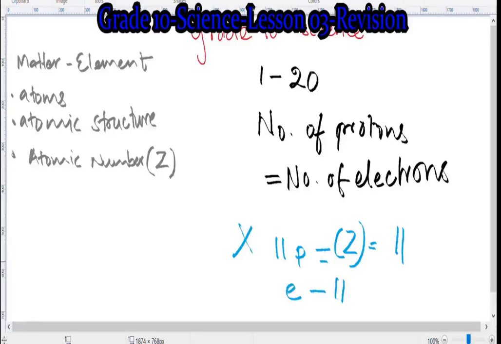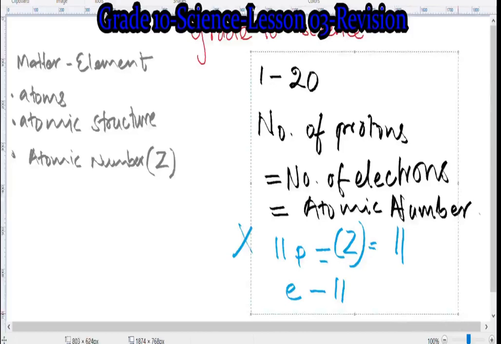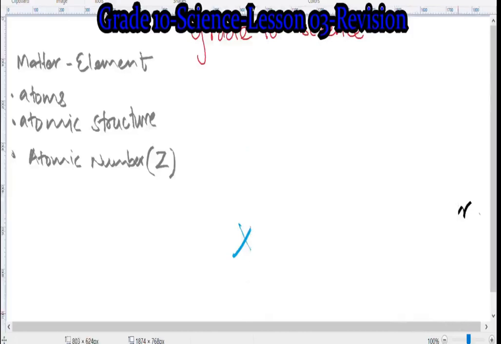So number of protons equals the number of electrons, which is equal to the atomic number. Okay, so that is atomic number.